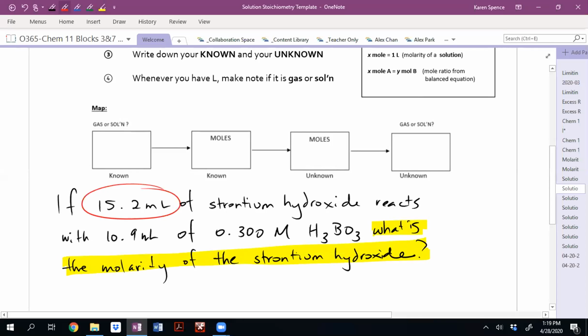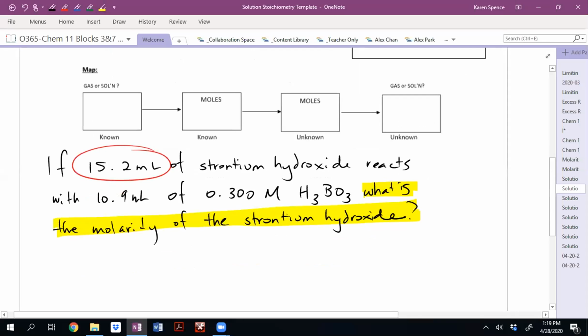So our unknown is the concentration of strontium hydroxide, and the formula for strontium hydroxide, of course, is Sr(OH)2, because strontium is 2 plus and hydroxide is -1.